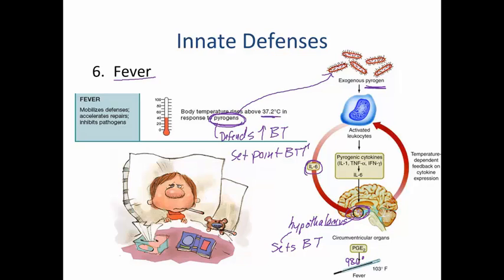Well, there are many theories about why you actually would want to do this. For example, this may mobilize your defenses. Your white blood cells might act more quickly because of an increase in metabolism. This might accelerate repair of tissue, and it might actually inhibit the activity of some pathogens, virus or bacteria.